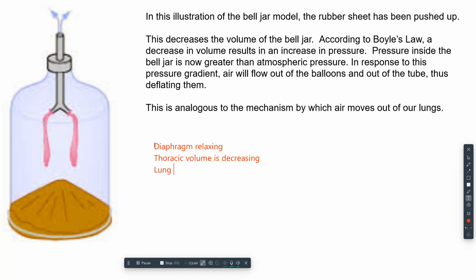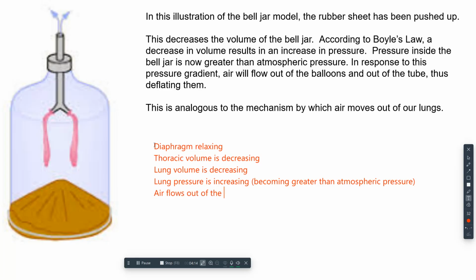That means lung volume is also going to decrease, which means, according to Boyle's law, lung pressure is increasing, and that means it's becoming greater than atmospheric pressure. And when lung pressure is greater than atmospheric pressure, when we have that gradient, air flows out of the lungs, the balloons, in other words.